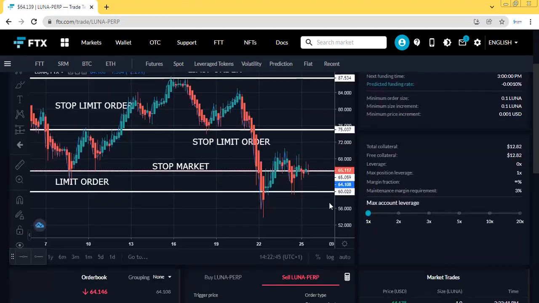Okay. Assume that you want your stop loss to be here. This is your stop market. You can put your stop market here.